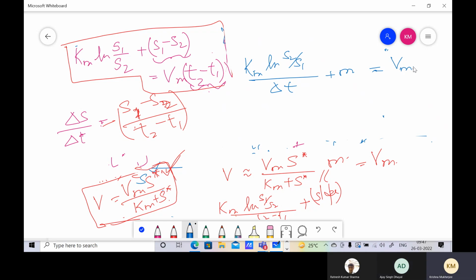Okay. And now tell me what is delta T? Look at this expression here and tell me what is delta T? Delta T is Km ln S2 by S1 plus S1 minus S2 upon Vm.